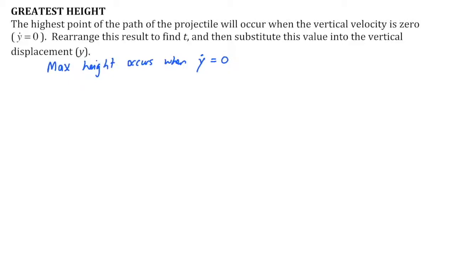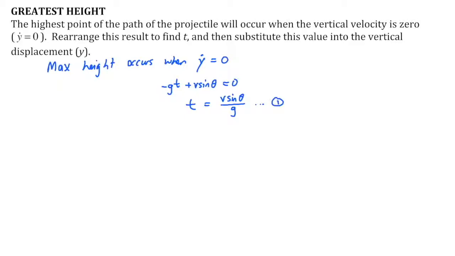We know the vertical velocity, if we go back and look at our formulas, that was formula number 5, minus gt plus v sine theta equals 0. Rearrange that, and we will get t equals v sine theta over g. So rearranging to get t by itself.